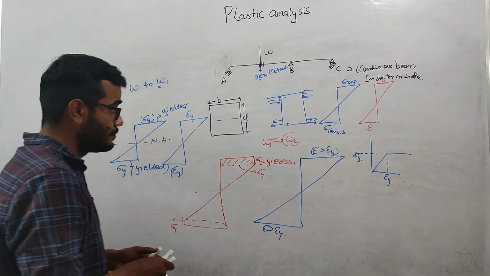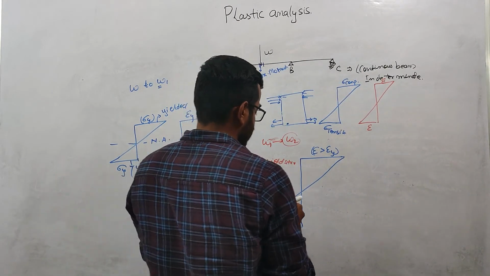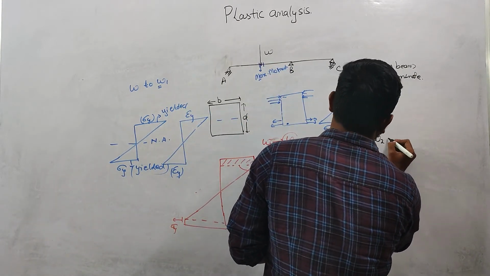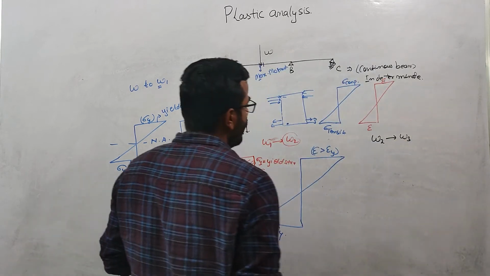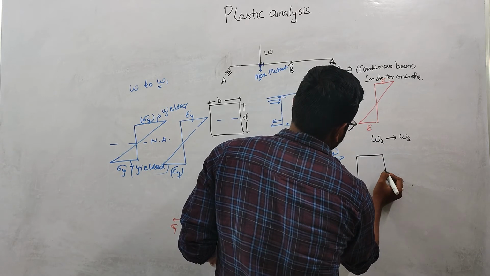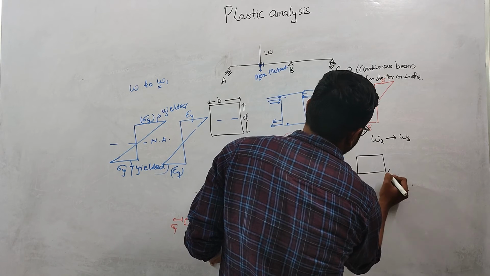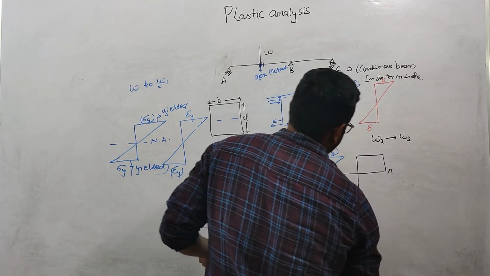So again, when we increase the load from W2 to W3, what will happen? The entire section above the neutral axis, this is the neutral axis, will yield.